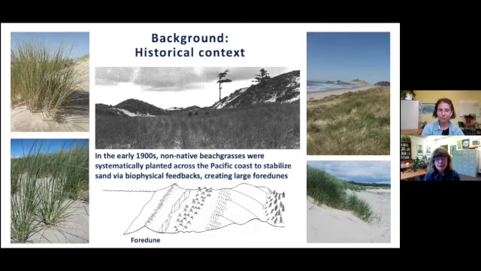And what that led to was a stabilization of these habitats and really creating what we call foredunes, which are these large hills of sand that are immediately behind a typical beach. And so we have mostly vegetated foredunes along all of our dunes at this point. These invasive grasses were really good at stabilizing sand and growing, and essentially have usurped all of that habitat.